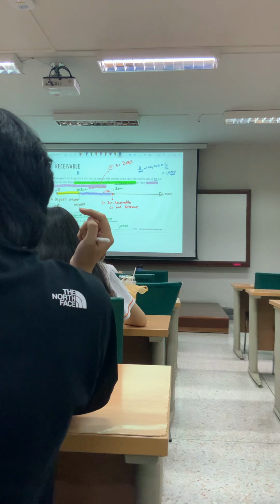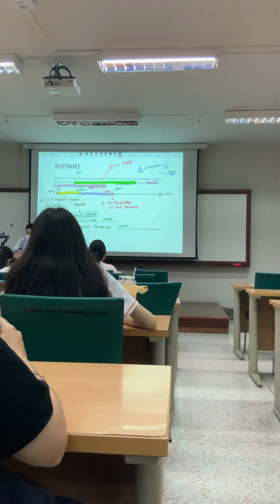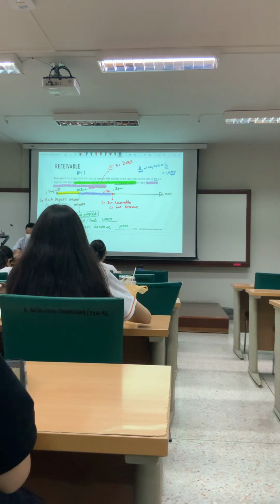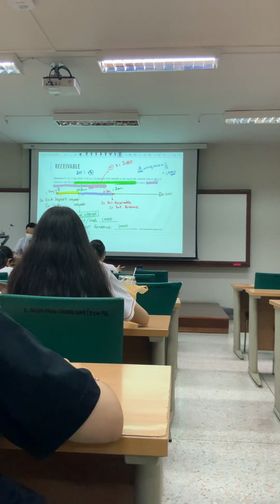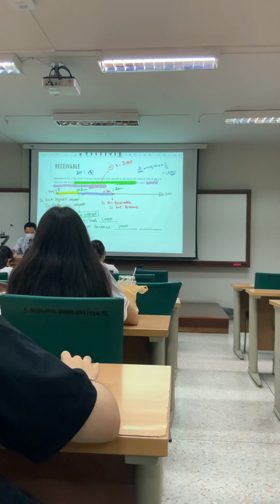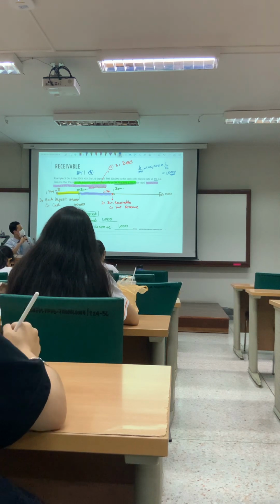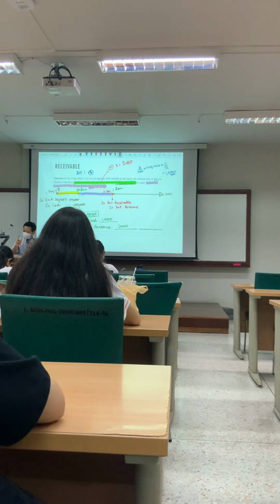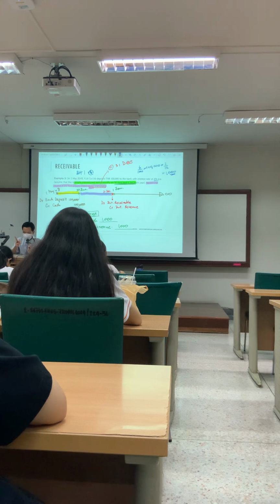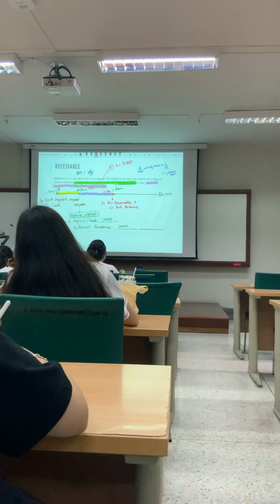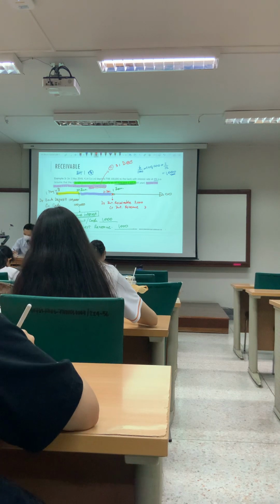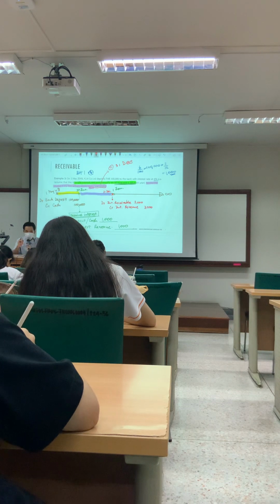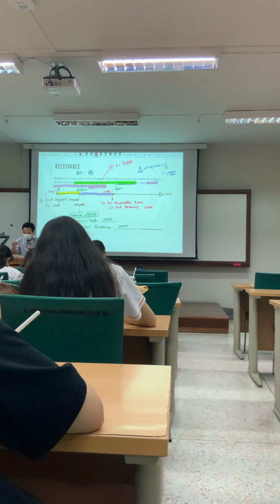July, August, September, October, November, December, 6 months. So 6 months, you calculate the same thing here. So six months is 3,000. Is that correct? 6 months, 3,000. This is on 31st of December.